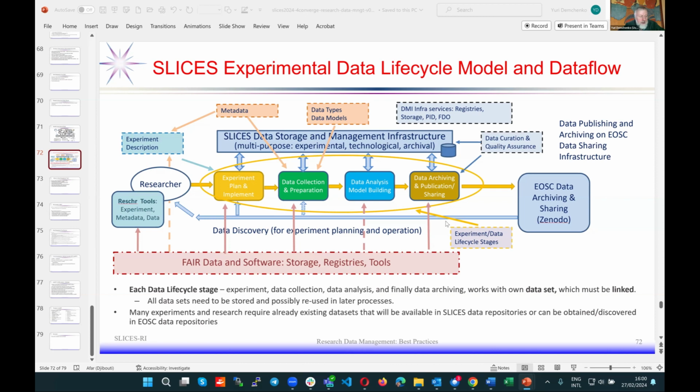So we are coming to the concept of a machine actionable plan, having structure, and what is different from a traditional data management plan, which is not dynamic enough. It's built around the FAIR concept.